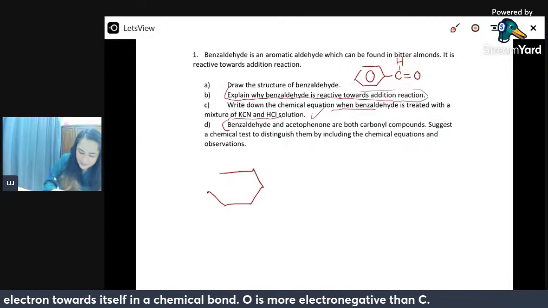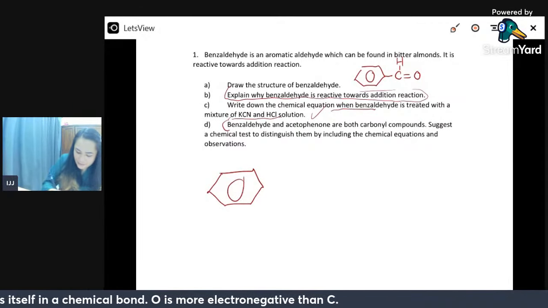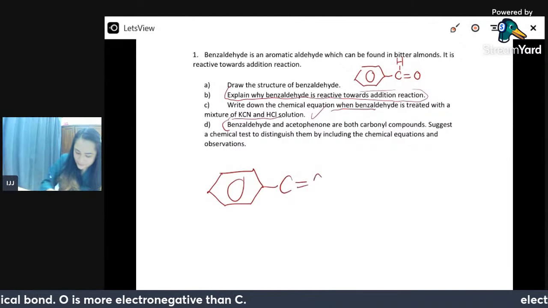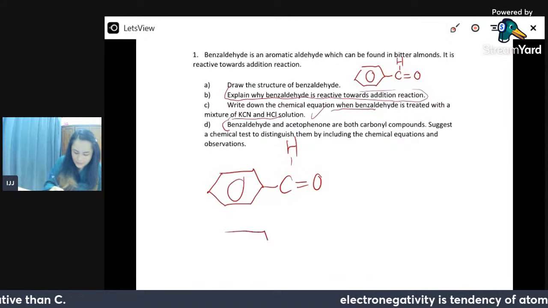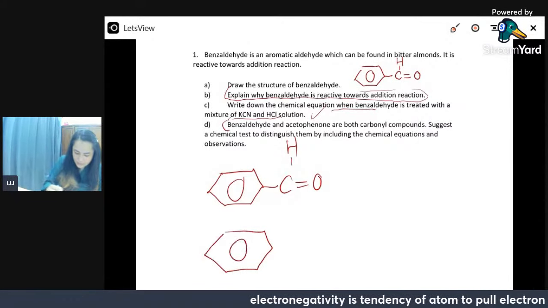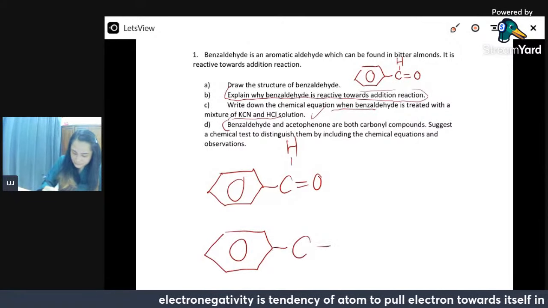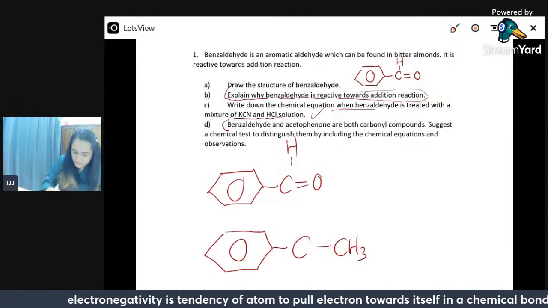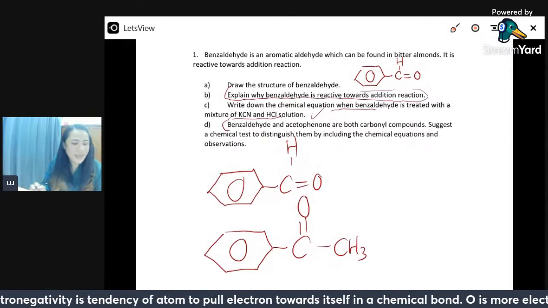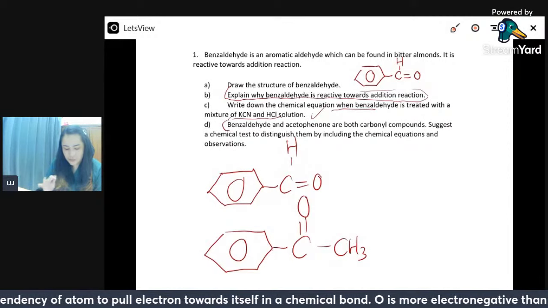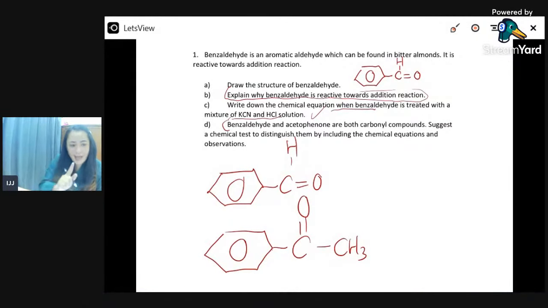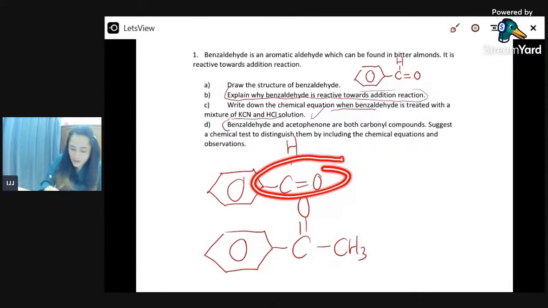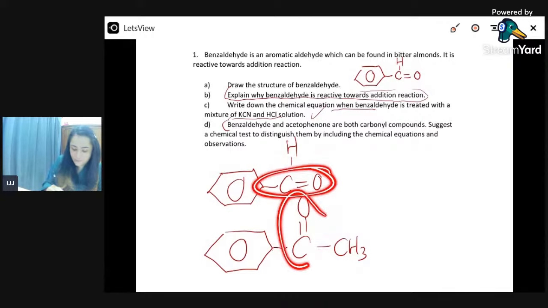Benzaldehyde is this. And acetophenone, ini ialah acetophenone. They are both carbonyl compounds, functional group carbonyl.